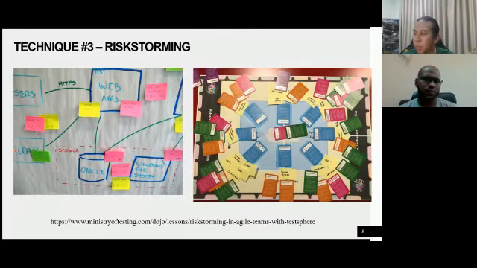So it's a format again to uncover risk that would affect testing of an application, and it uses cards to uncover the areas of risk that would impact the quality of a product. So generally, how a risk storming session works, and this is in terms of testing, we start off with what quality aspects this software, the thing that we're building, wants to focus on.